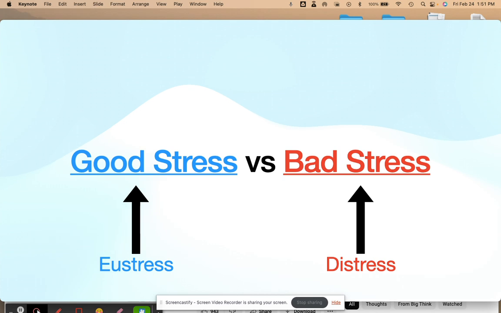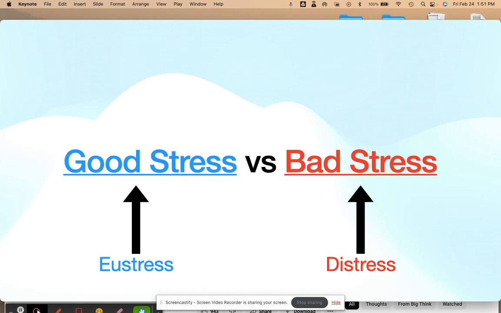Good stress refers to, of course, the stress necessary to all of us in order to progress and succeed through life. And bad stress is this overwhelming and counterproductive stress that weighs us down.